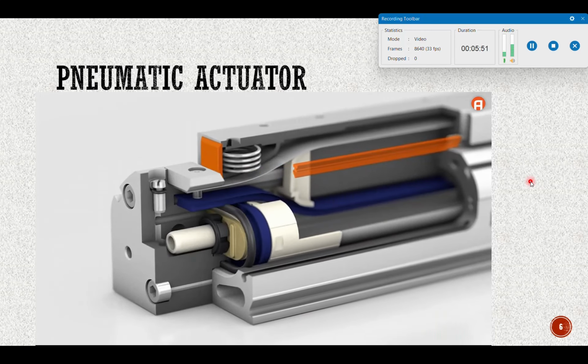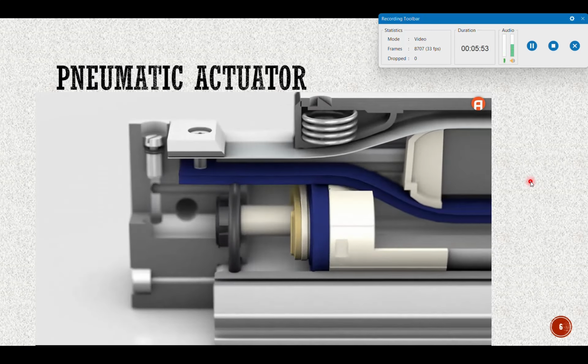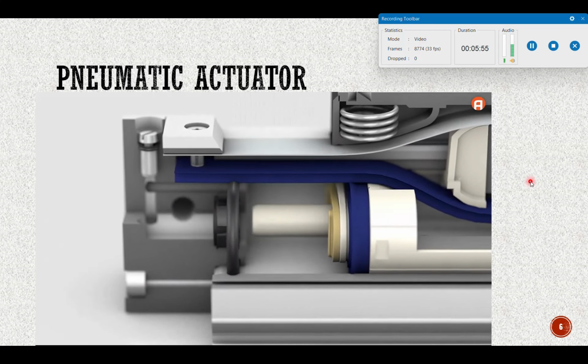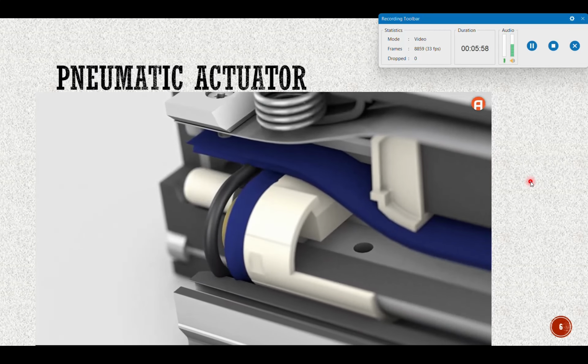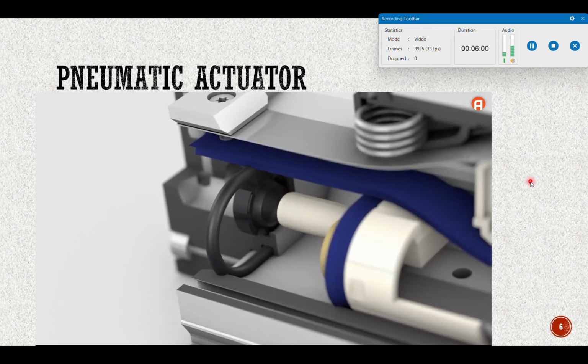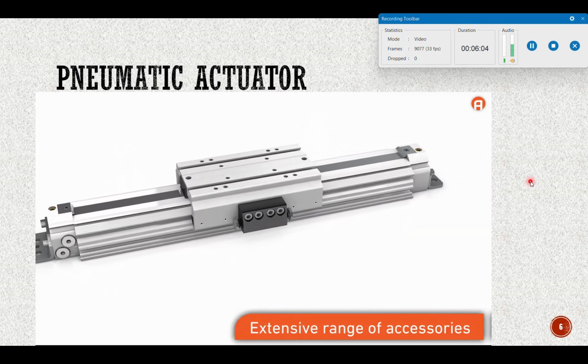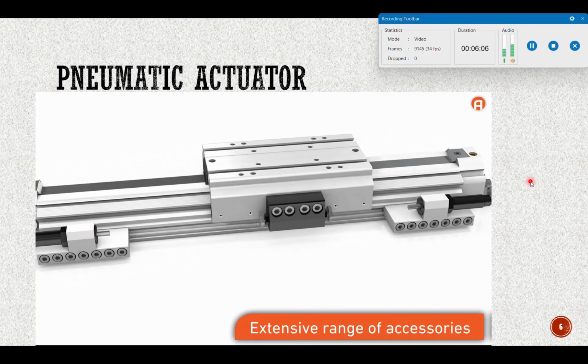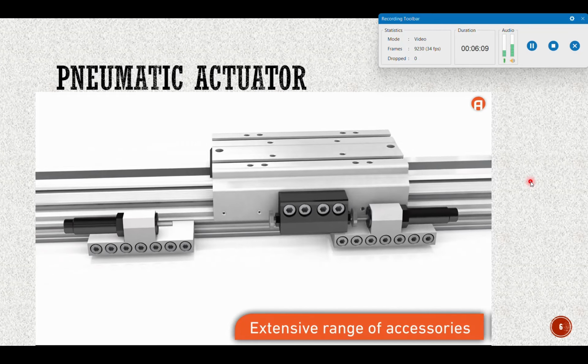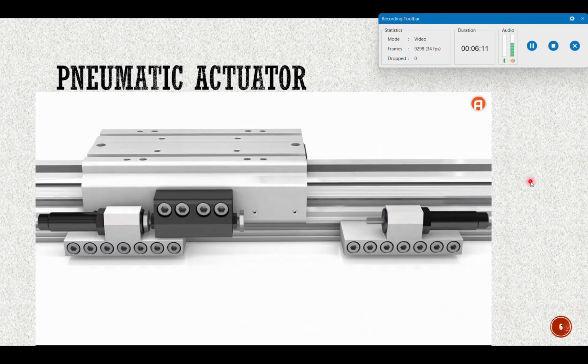Scrapers and special seals protect the cylinder and extend its service life. Cushioning pins and enlarged air ducts enable high speeds. With a comprehensive range of accessories, the cushioning and stop can be adjusted along the entire stroke length. Shock absorber settings are retained even when the shock absorber is exchanged.